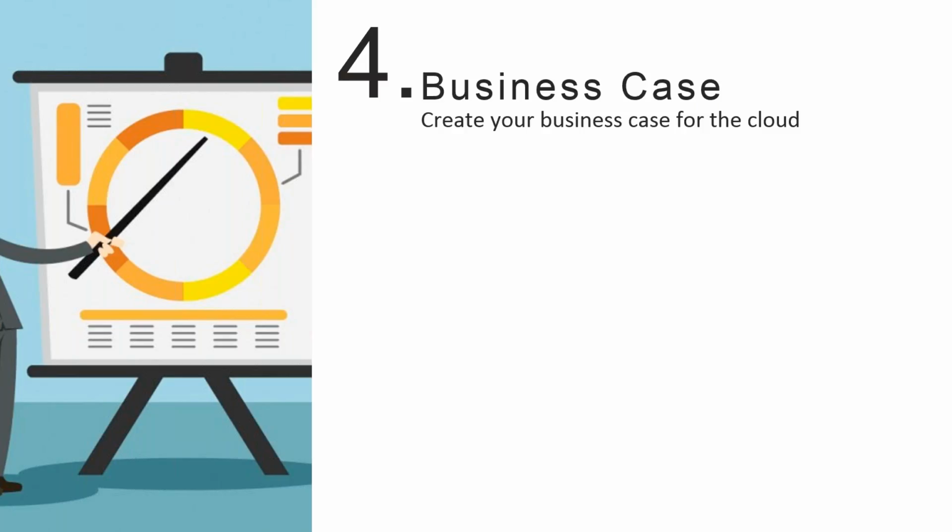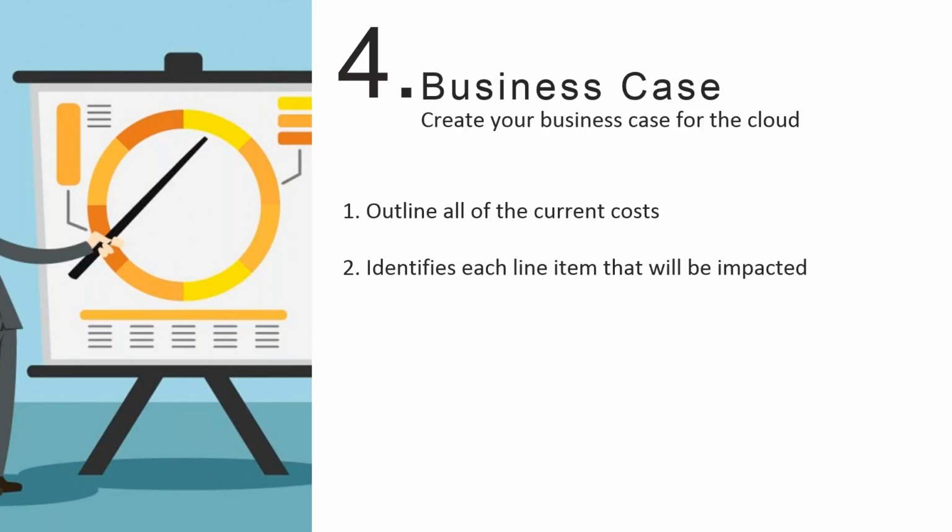For instance, if you're looking at cost savings as a primary benefit to your organization, you should come up with a financial model that, A, outlines all the current costs, including cost of hardware, software, real estate, staffing, and any others, to really help maintain your data centers. 2, be able to identify each line item that can be impacted by cloud migration and where the savings will come from.